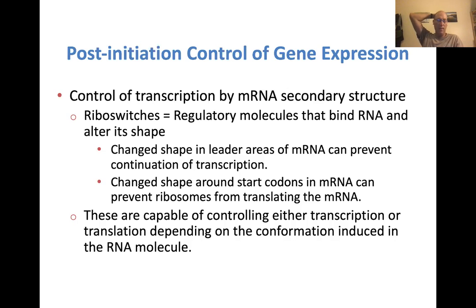So when an RNA molecule that blocks translation is made, it's a way of shutting down gene expression. So riboswitches are essentially structures in RNA that can control whether the message encoded in that transcript is effectively translated or not.